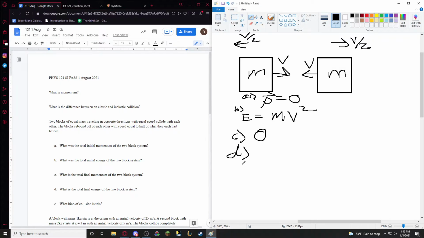So what would be the total final energy of the two blocks? It would be the same as it was before, actually, I'm just kidding. It'd be less because kinetic energy has been lost because velocity has been cut in half.